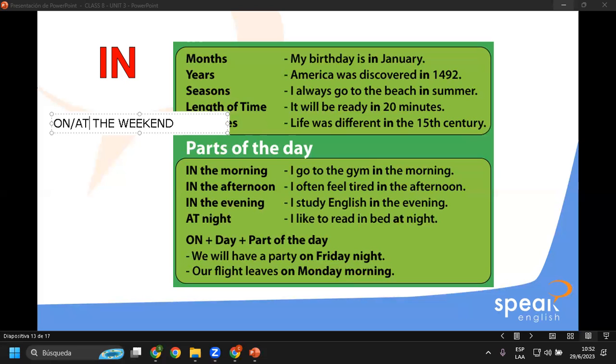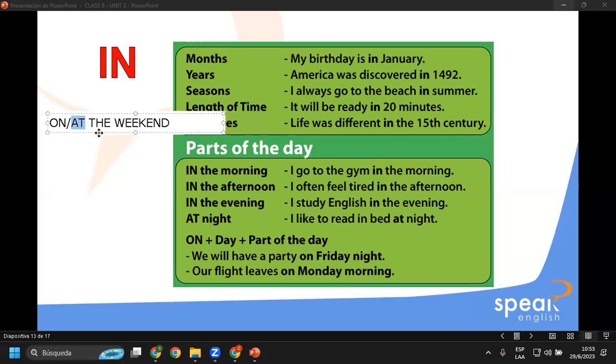If we are talking about American English, we use "on the weekend," because basically, it's a day in the week, right? We are talking about days. So that's why we say "on." However, in British English, we use "at," because it's considered a specific time, right? So if you use "on" or "at," both are correct.